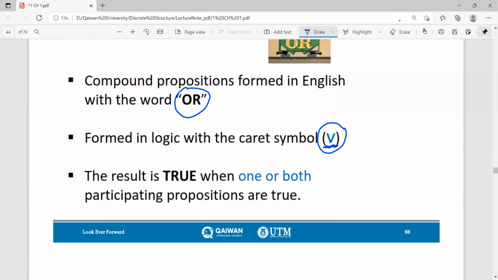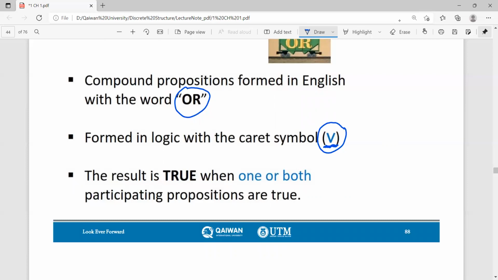It's a V shape. We say the result is true if at least one of the statements is true. If you have only one true, the result is true.